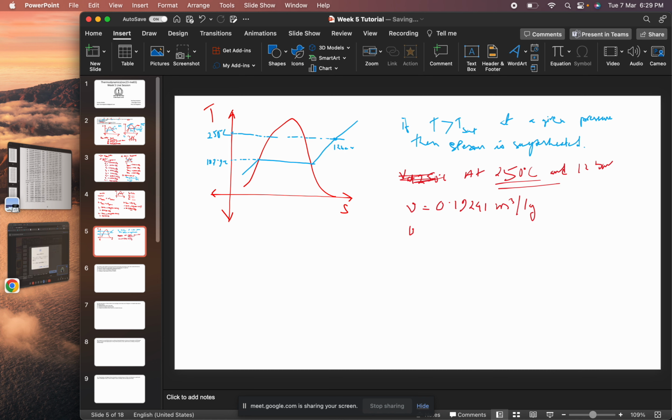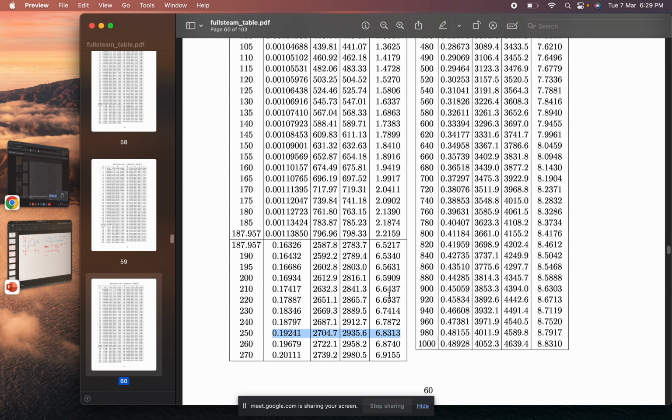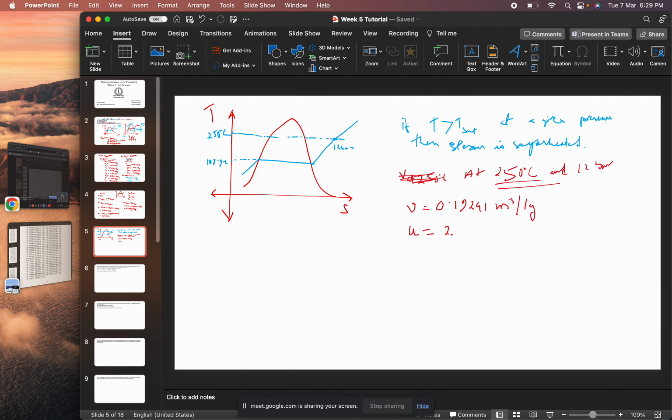Your internal energy U is 2704.7 kilojoule per kg.